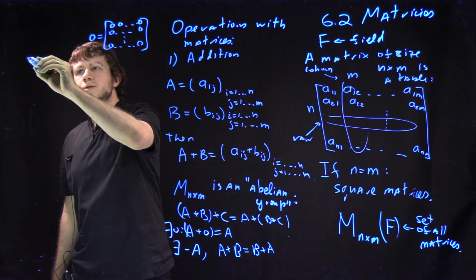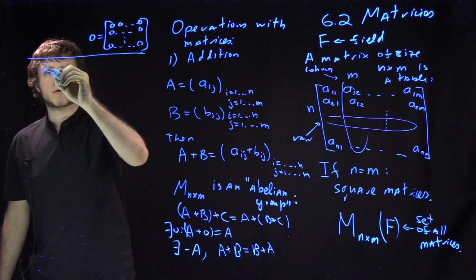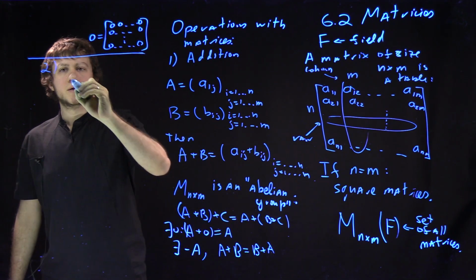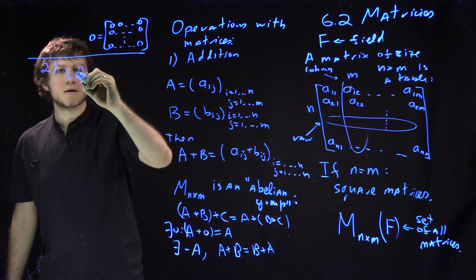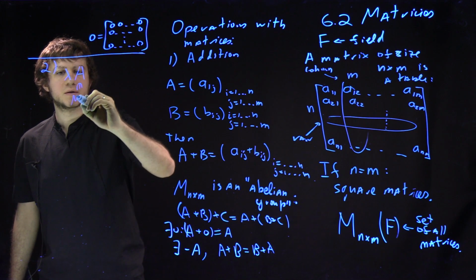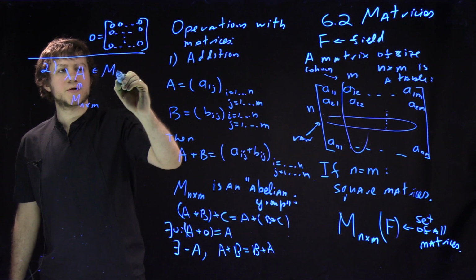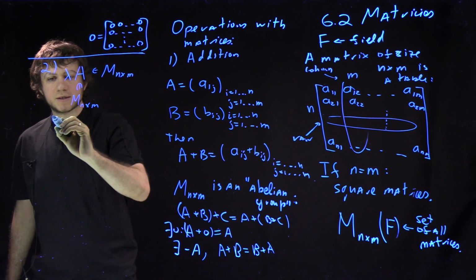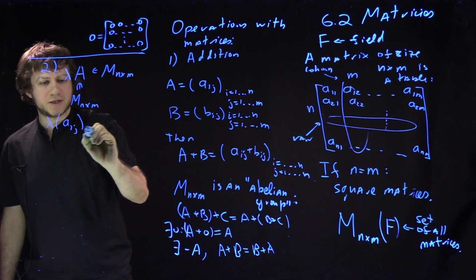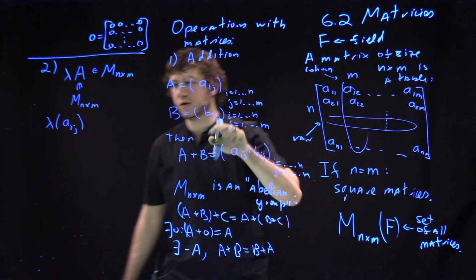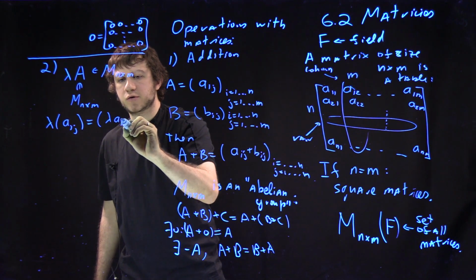Another interesting operation is that you can multiply a matrix by a scalar. So lambda times A, where A is a matrix of size n times m, is also a matrix of size n times m, and this is just the matrix of terms lambda Aij. Here i and j run from 1 to n and 1 to m.